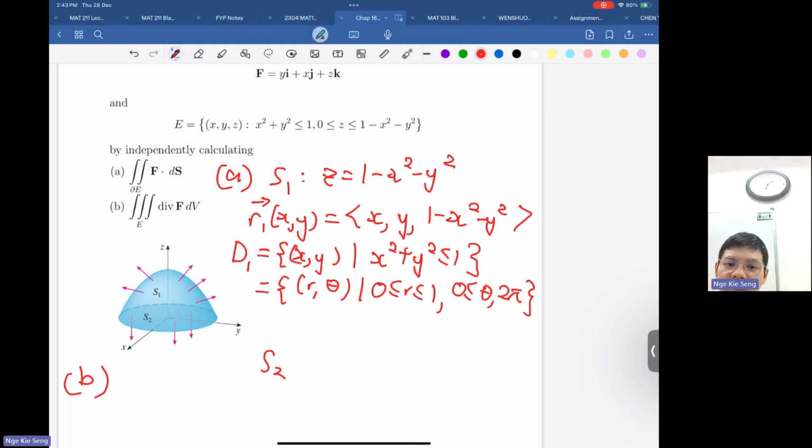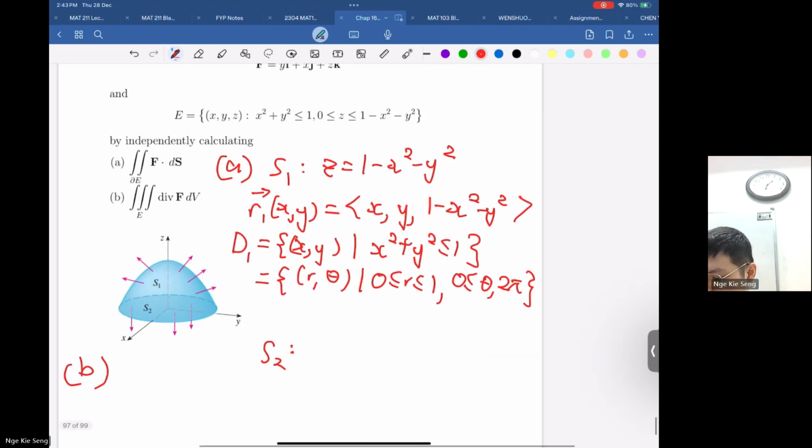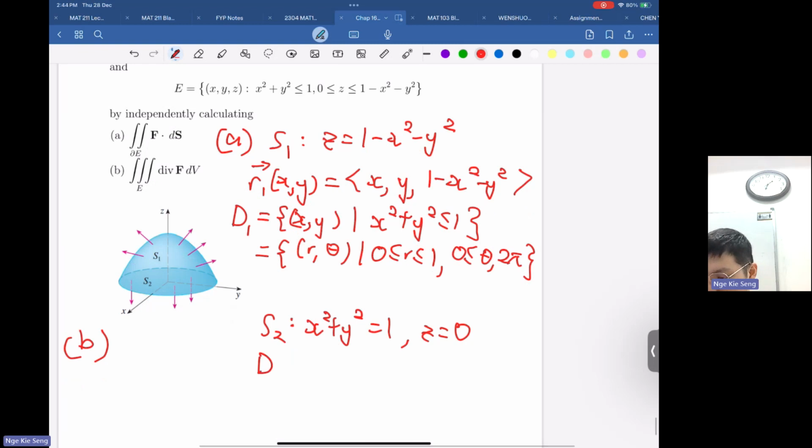How about S2? S2 should be easy, right? S2 is just this. So x squared plus y squared equals 1, z equals 0. So this is actually the disk, and it's actually the same as D1.